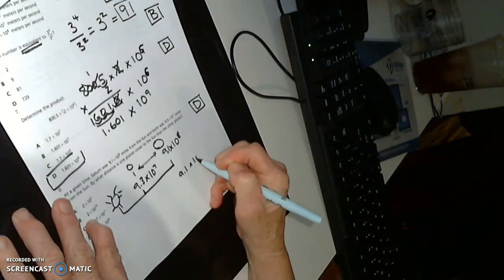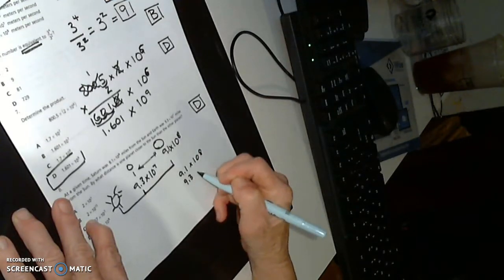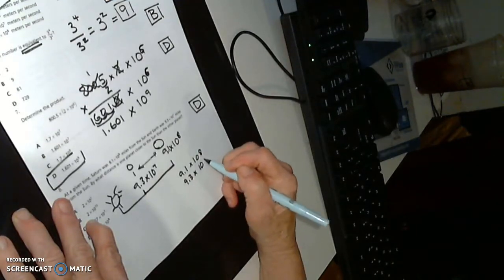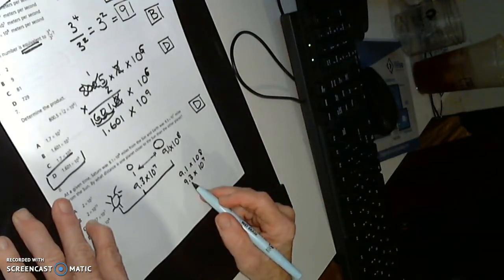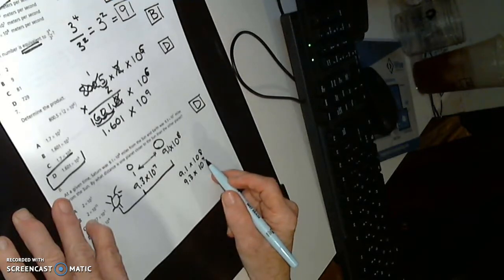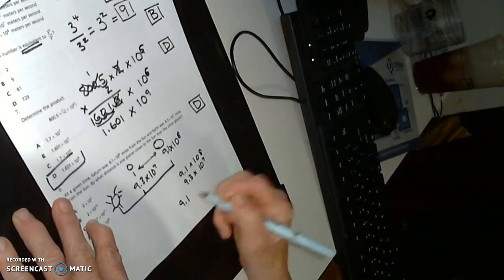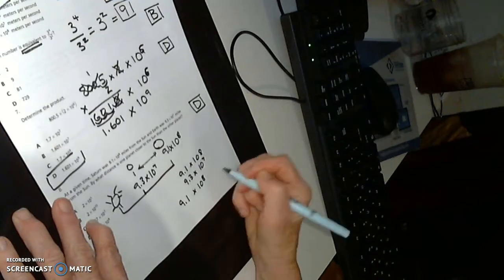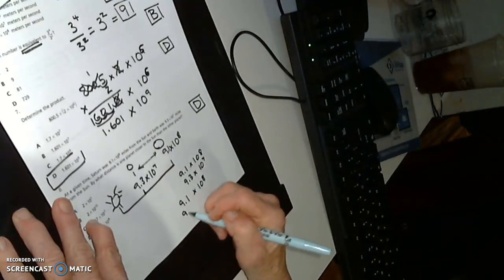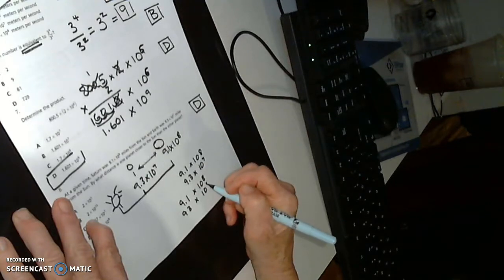9.1 times 10 to the 8th, and I'm going to subtract 9.3 times 10 to the 7th. One thing I can do to make this a complete number is to add 1 to the 7 and make it 8, so this is 9.1 times 10 to the 8th, and I'm subtracting 0.93 times 10 to the 8th.